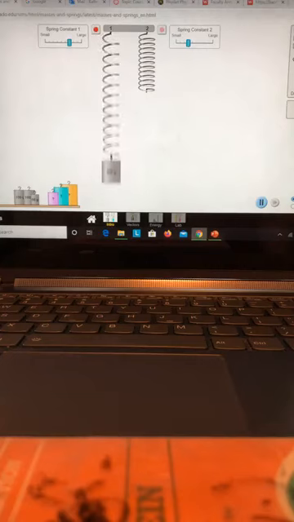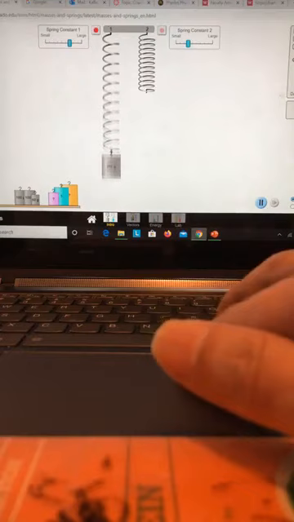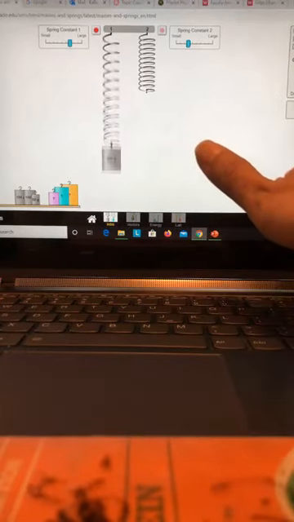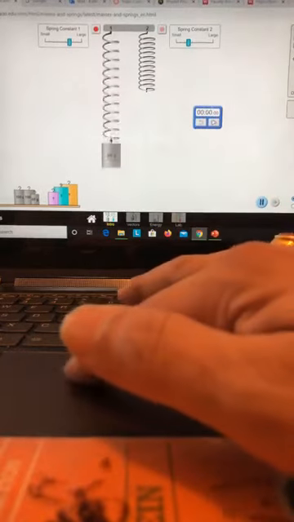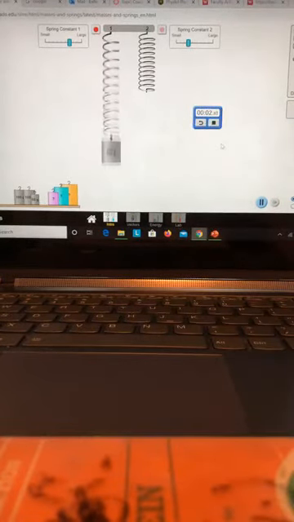Now you see the spring is oscillating here, and then you can measure the time period. There is this stopwatch; starting from a certain point of time, you can activate the stopwatch.